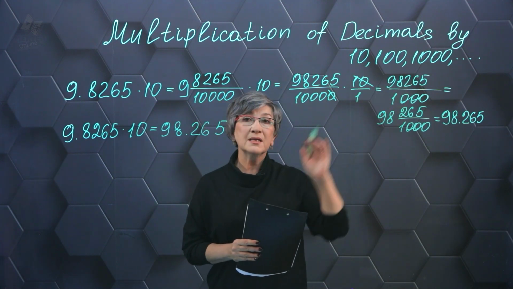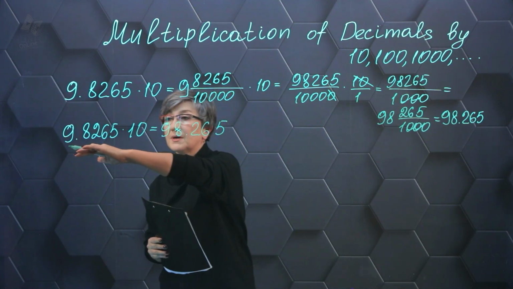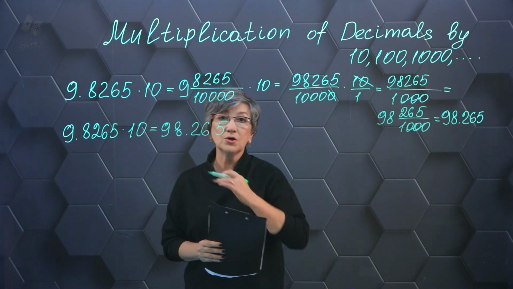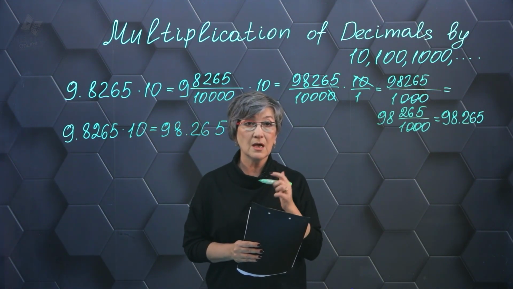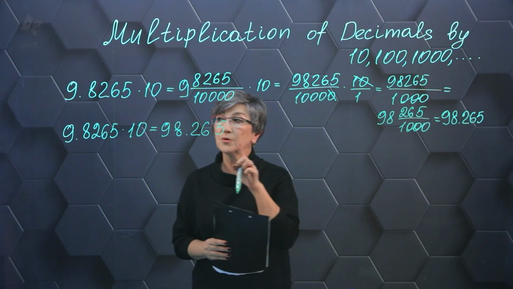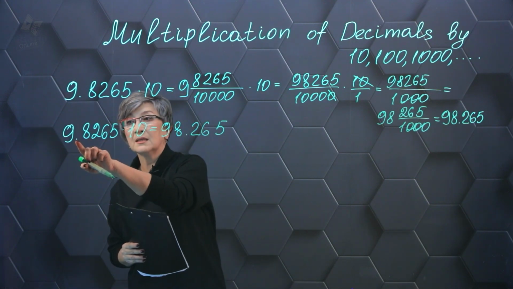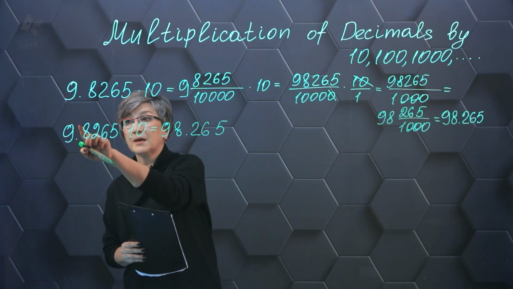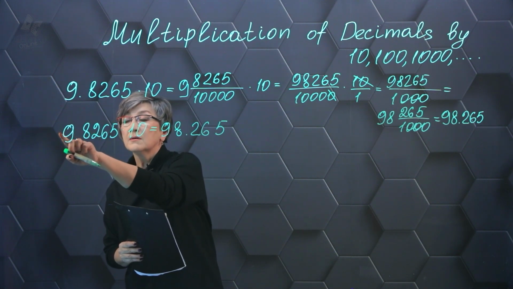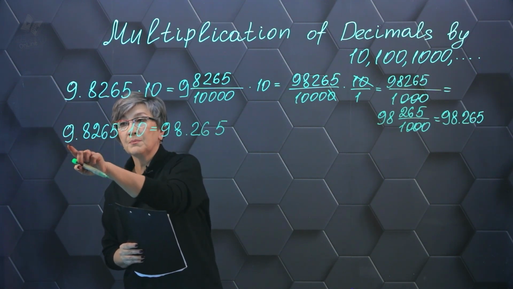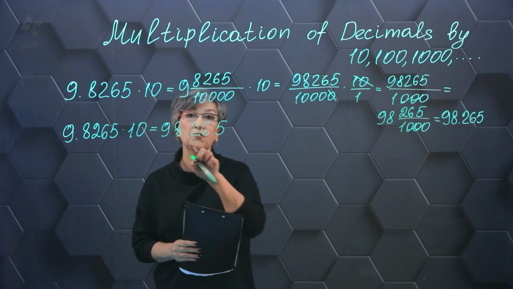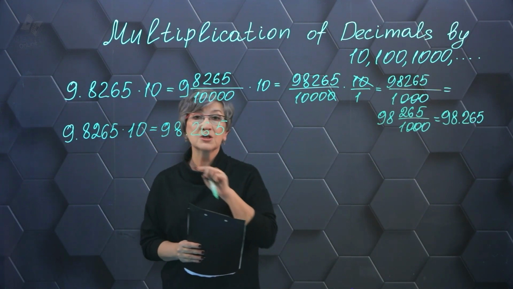Without paying attention to our actions, I want to pay attention to what the number was and what the resulting number was. Specifically, I want to pay attention to where our point is located. I want you to notice that at the beginning of the example, I had 9 whole numbers and it became 98 whole numbers when I multiplied by 10.